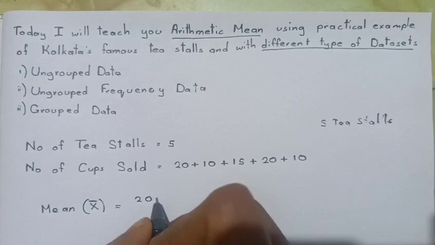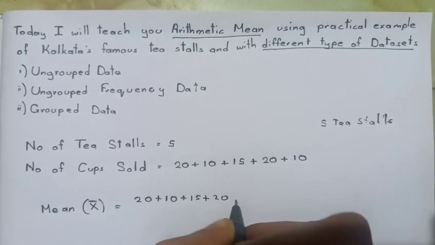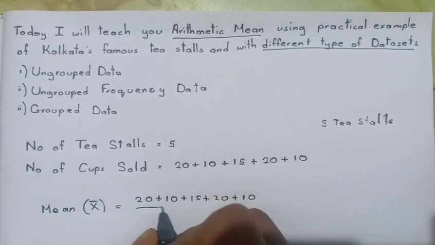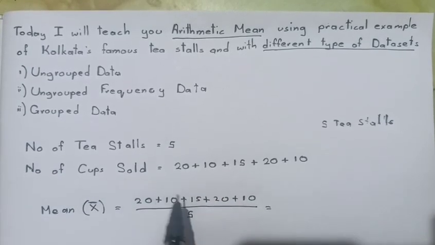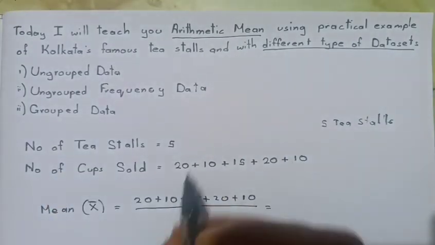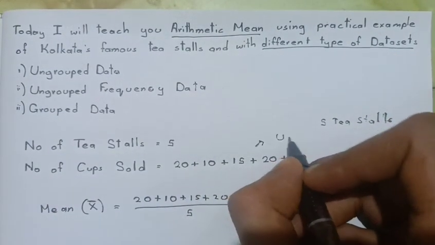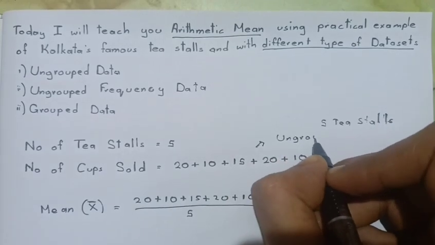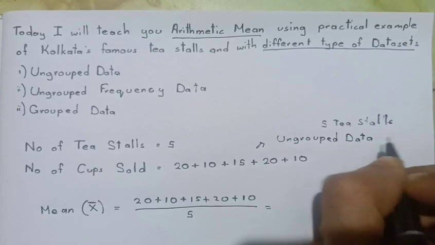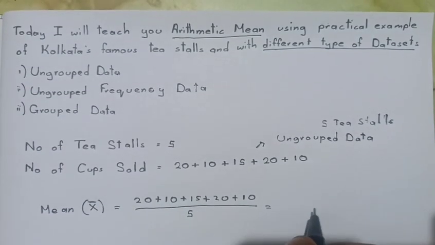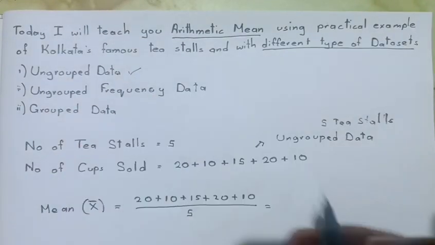It's just 20 plus 10 plus 15 plus 20 plus 10, divided by 5. It's just the normal average, and this data that we have is called ungrouped data. So people just do a simple average for ungrouped data.